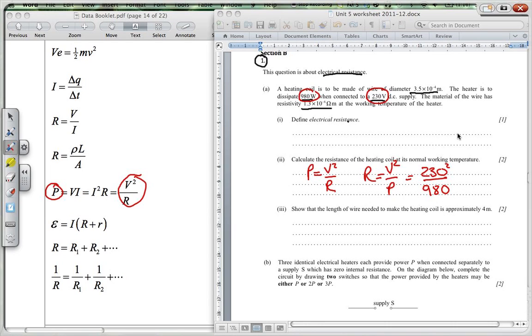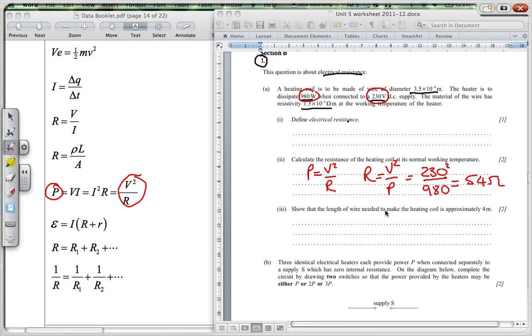So we just calculate that on our calculators. 230 squared divided by 980, and we get 53.979. Now everything is to two significant figures, so that is going to be 54 ohms.